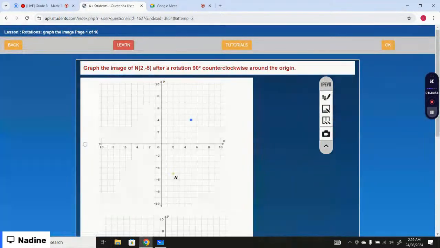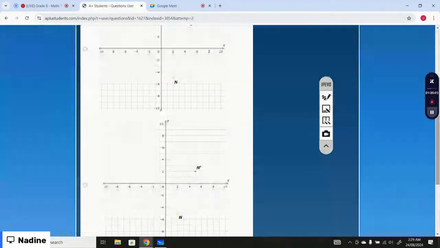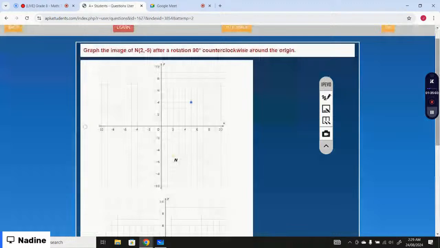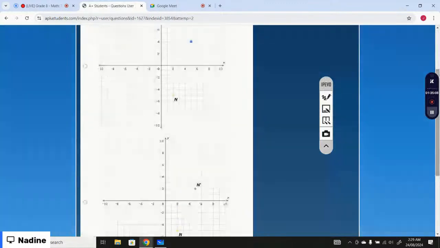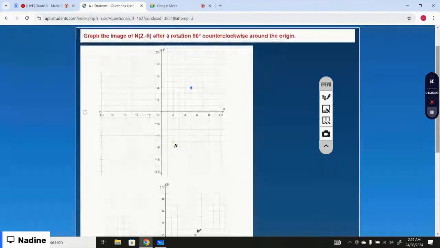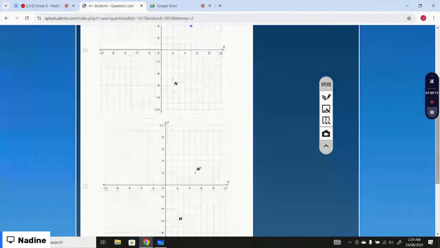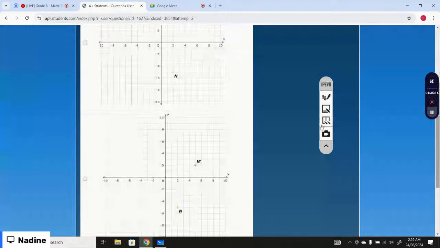Graph the image of N, 2, 5, after a rotation of 90 degrees counterclockwise about the origin. So which is the correct option? N is 2, 5, right?